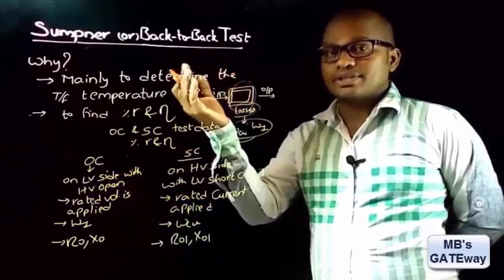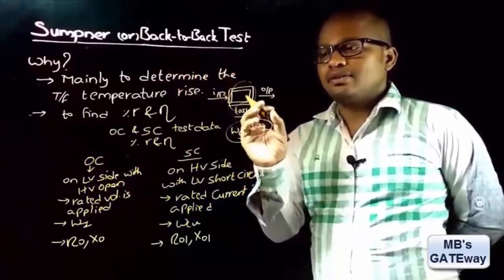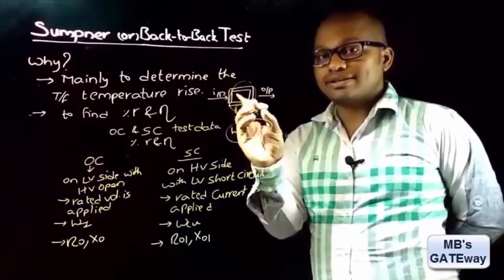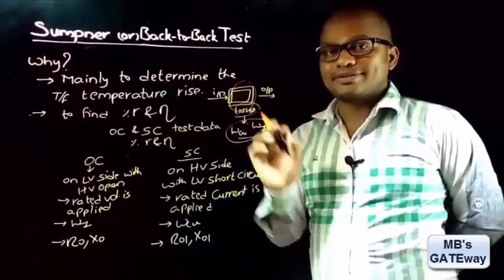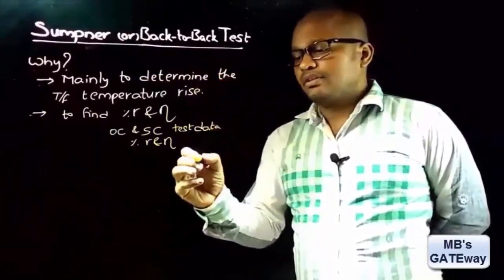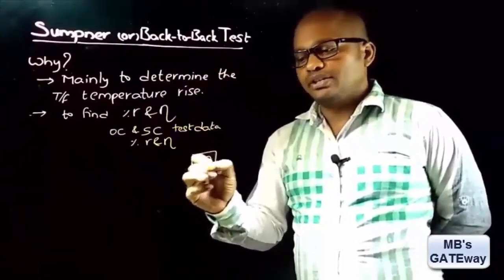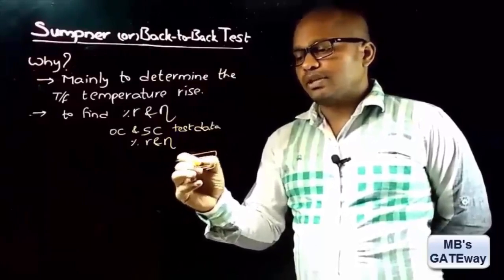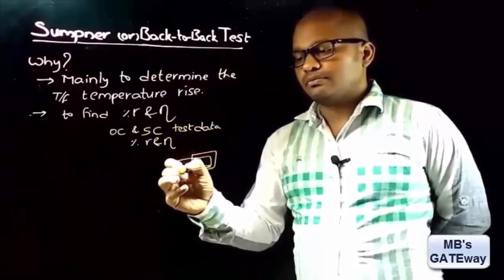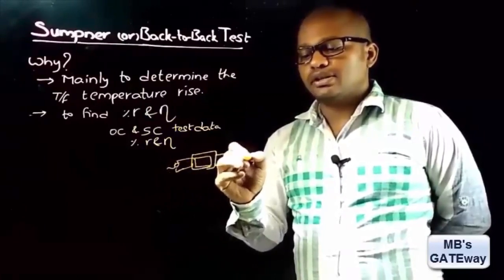Whereas in Sumpner's test, we will find the copper loss and iron losses simultaneously. That is, we are finding the losses which are occurring simultaneously from Sumpner's test. And the other reason why to use Sumpner's test is, in case of a small size transformer, to find the performance, you will apply the input and you can connect the desired load.